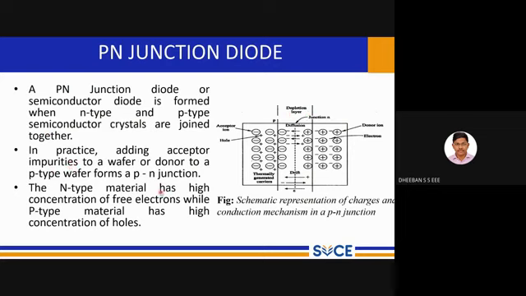The N-type material has a high concentration of free electrons. This we already know. In the previous slide I said, the N-type will be having an excess of free electrons. And the P-type material has a high concentration of holes.